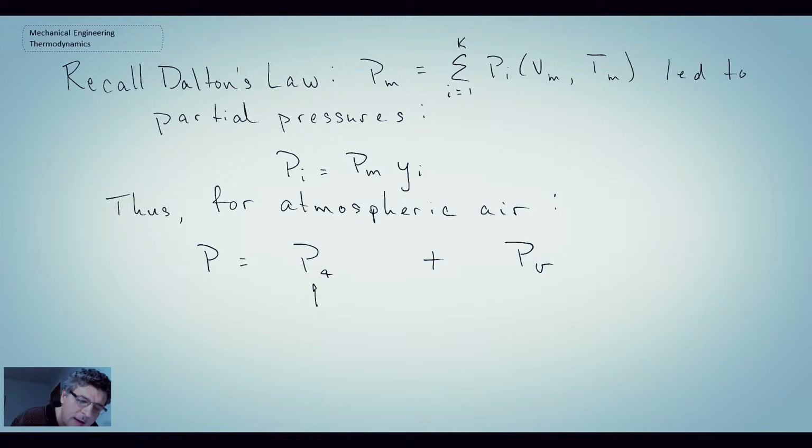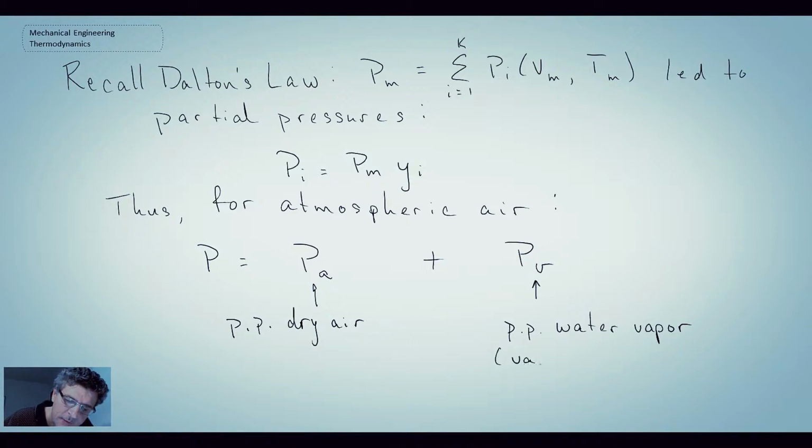So P_A is the partial pressure due to dry air, and P_V is the partial pressure of water vapor. And that will turn out to be the vapor pressure that we would obtain off the steam tables for the particular temperature that we are dealing with.